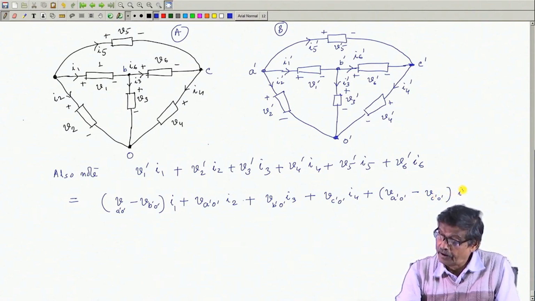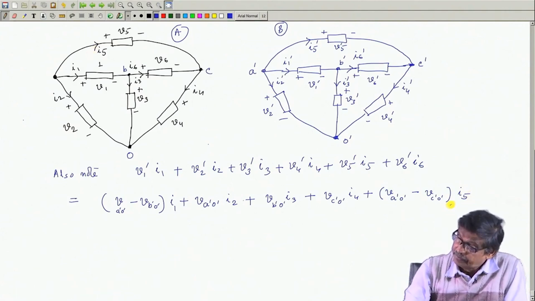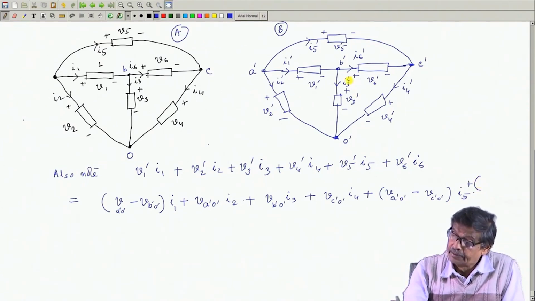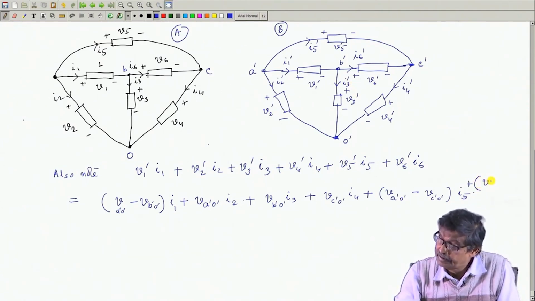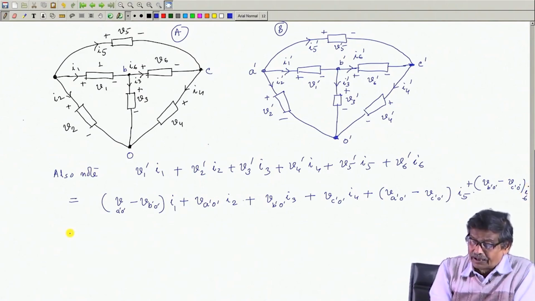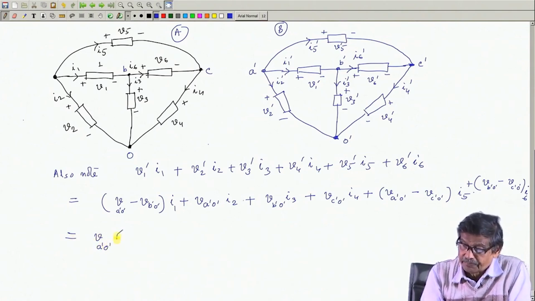That will be into I5, current of this circuit, and finally the last term, plus element 6, which is V B dashed 0 dashed minus V C dashed 0 dashed, into I6. And once again you collect the terms, that is V A dashed 0 dashed.